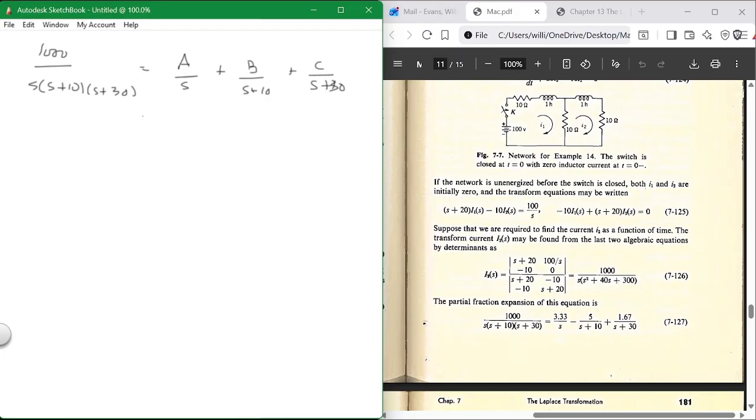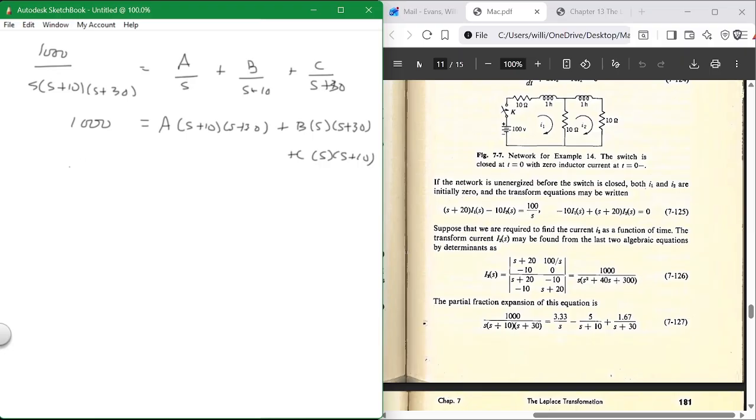And then you cross multiply. It equals a times s plus 10 times s plus 30, plus b times s plus 30, plus c times s plus 10, is equal to 1,000. Get rid of your denominator.